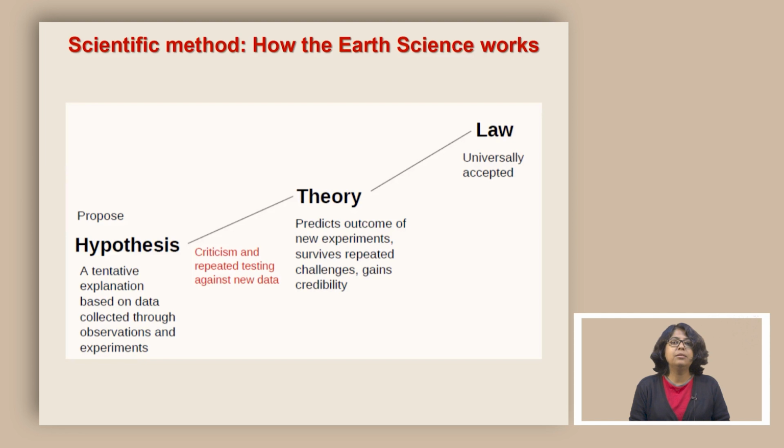Now, earth science does not practice anything different than that. The only difference is how we do it, and there are certain aspects of it which are different from any other science. So, earth science is a natural science and it has certain unique features.